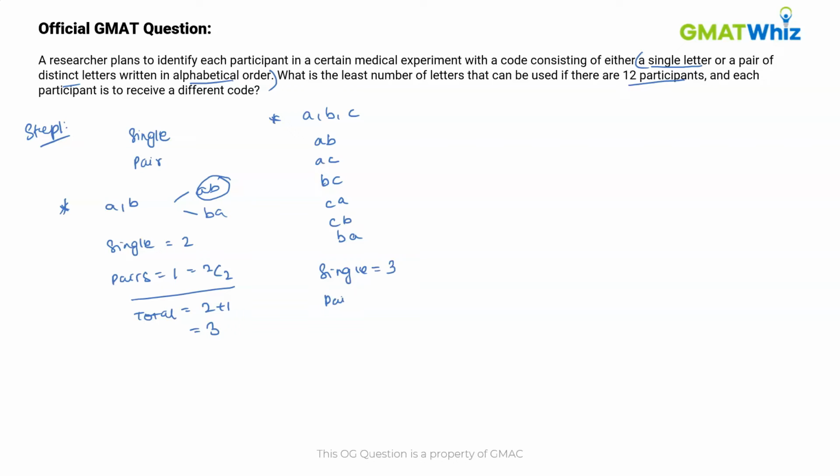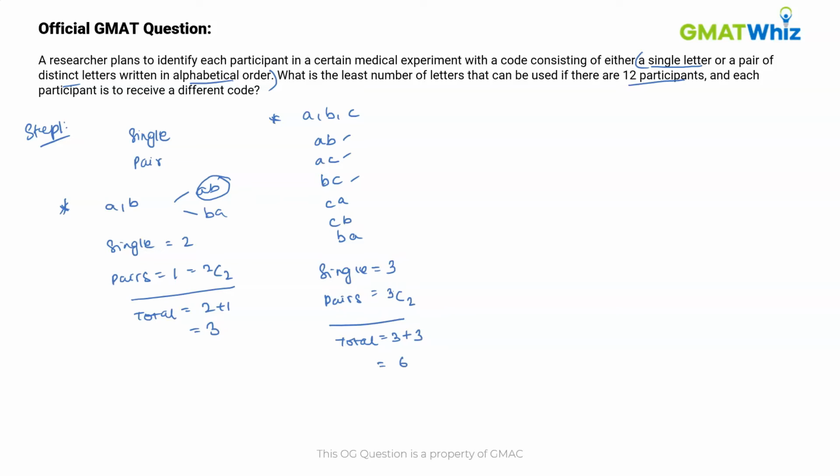And if I have to select these as pairs arranged in alphabetical order, we see that this is possible in only 3 cases. So this is equal to 3C2. This gives us a total value of 3 plus 3, which is equal to 6.